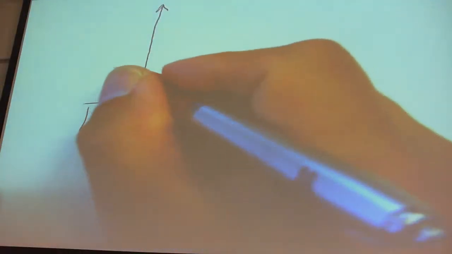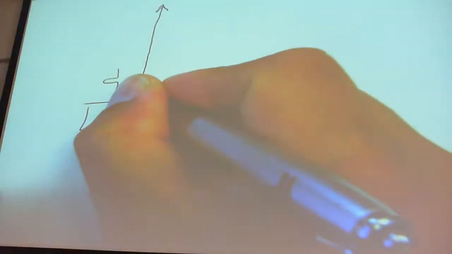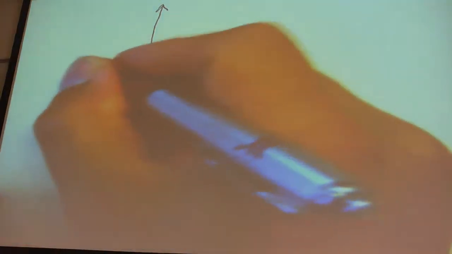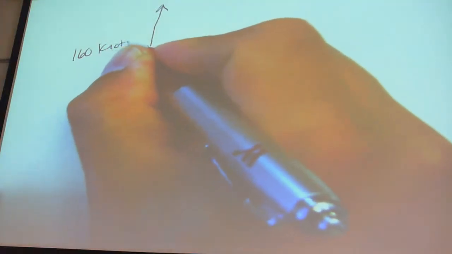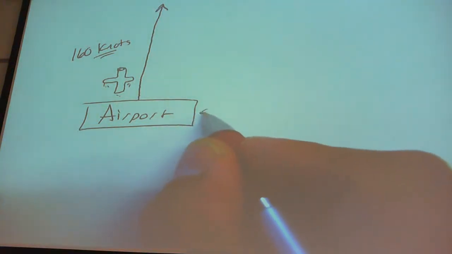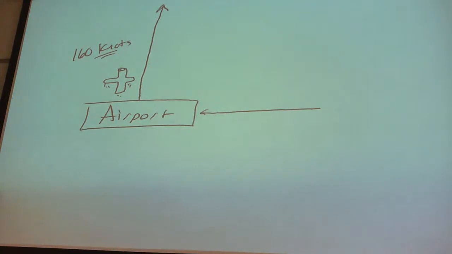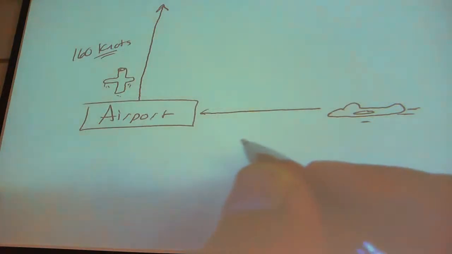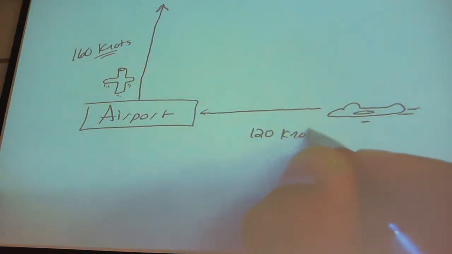And that plane, oh, a really cool plane, it's going 160 knots. That's how fast it's going. Another plane is going towards the airport at 120 knots. That's the speed.